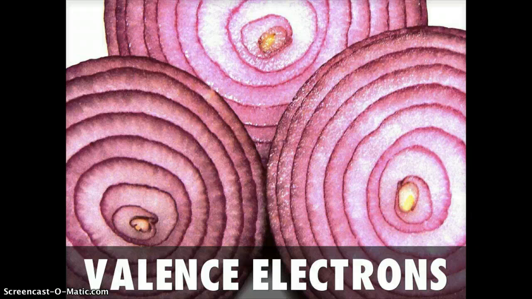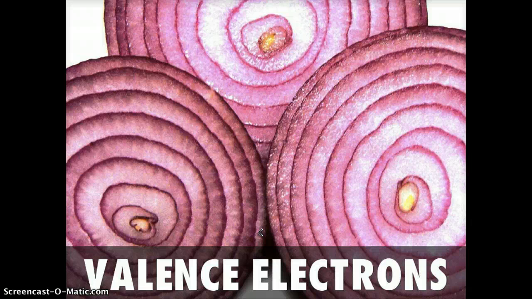A good illustration of that is these red onions here. Look at the nice rings there. Very representative of the shells, the energy levels of an atom. And we learned that each of those energy levels represents a different size orbital in which the electrons are located.